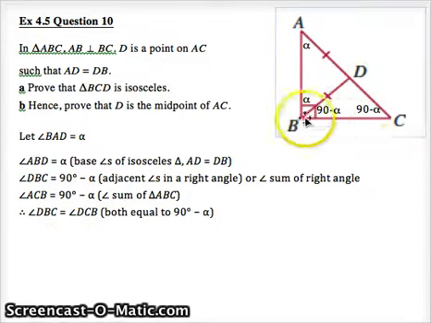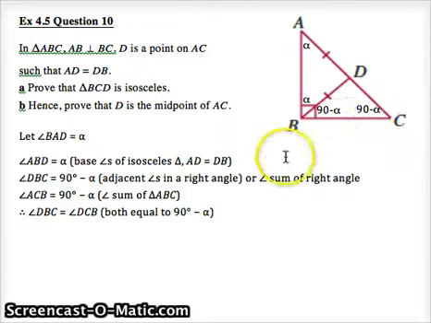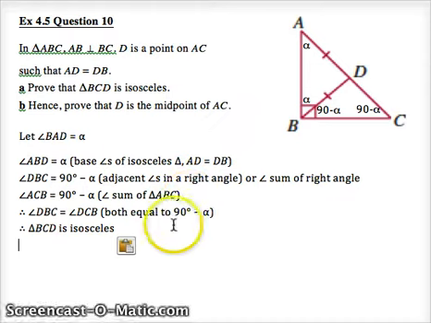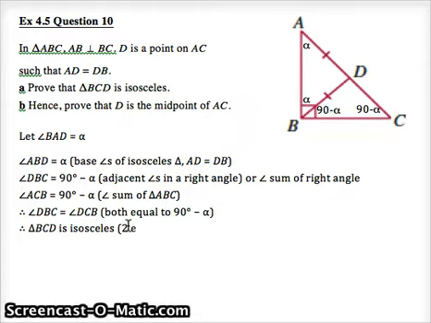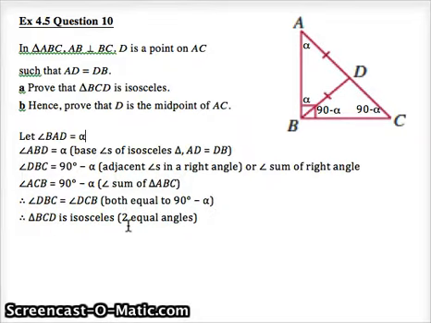This angle down here, DBC, equals angle DCB, and they're equal because they're both equal to 90 minus alpha. So therefore we can now say that triangle BCD is isosceles because it's got two equal angles. Okay, now that's our first proof for part A.